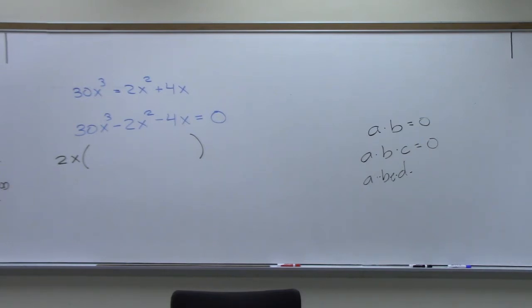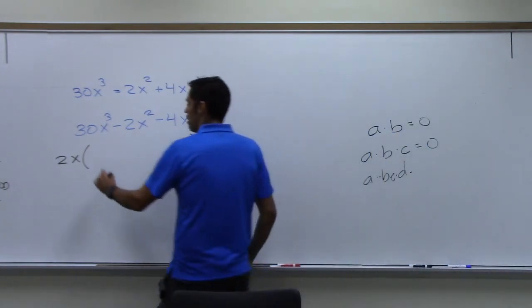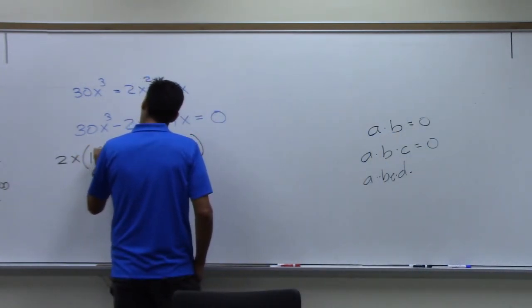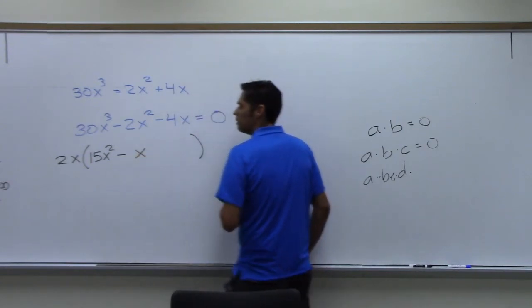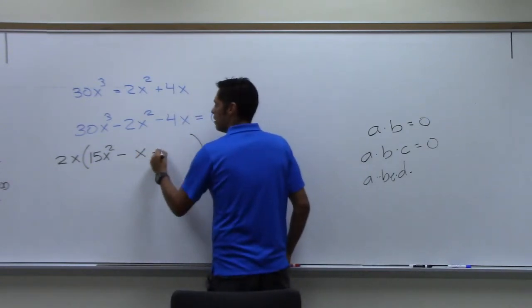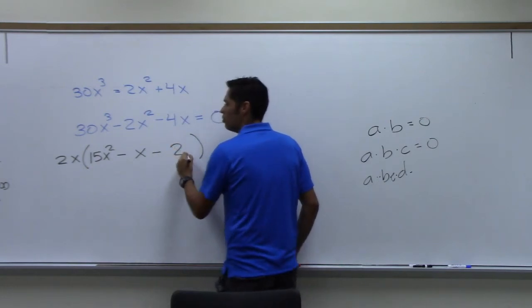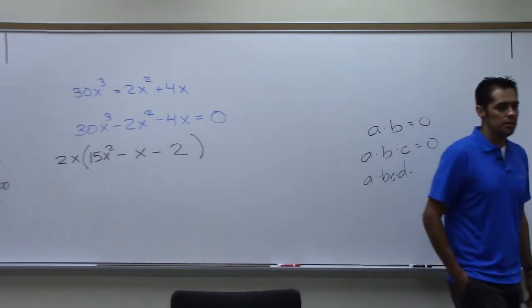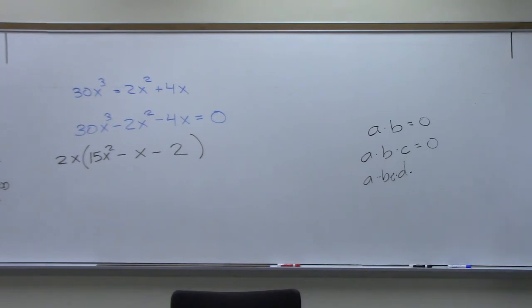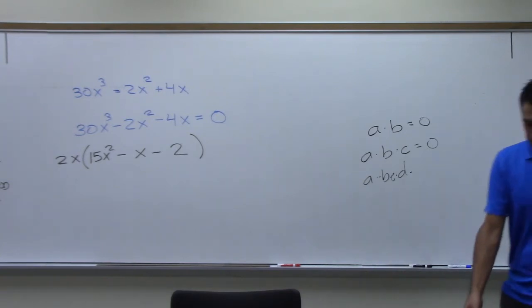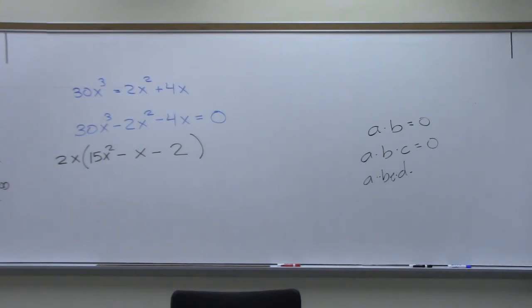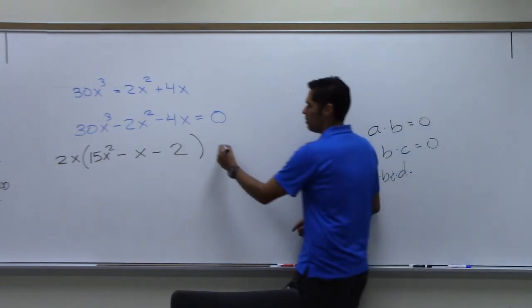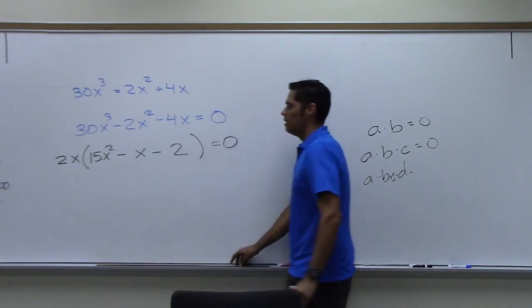What are they? 15x squared minus x minus 2. That good? Everybody sign in? What am I missing here? Equals 0. Let's not forget we have an equation.